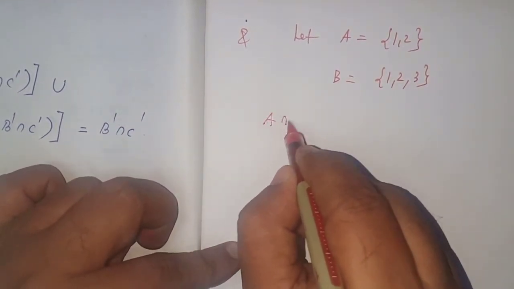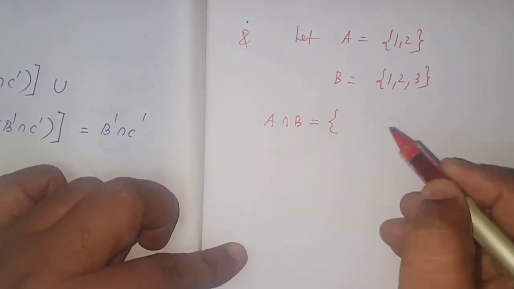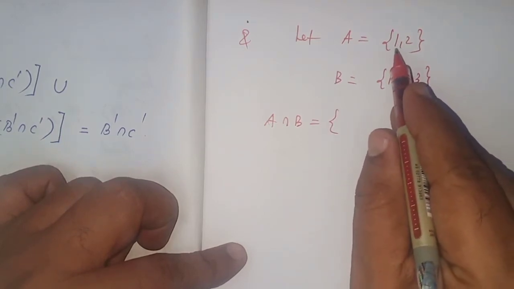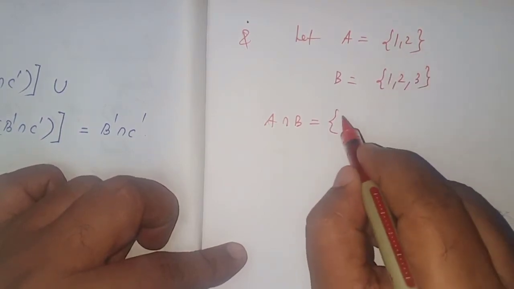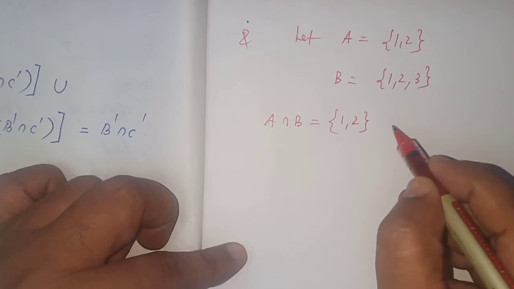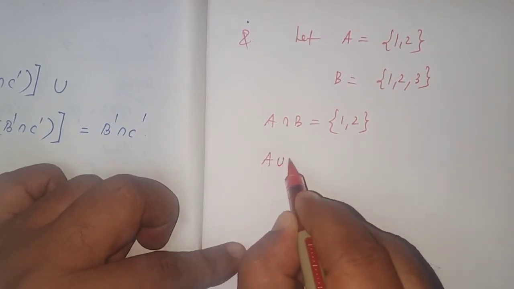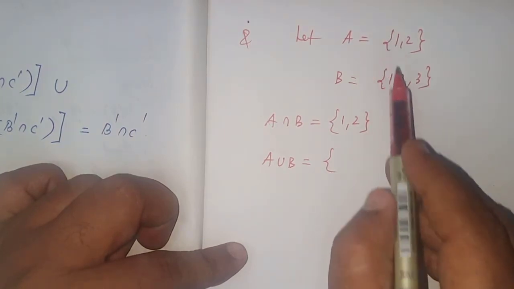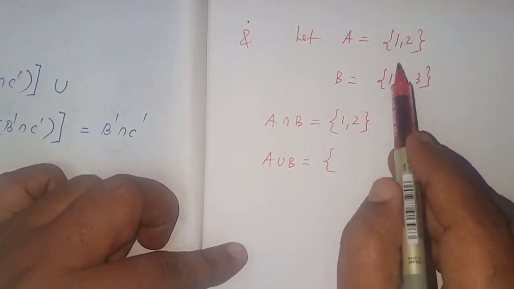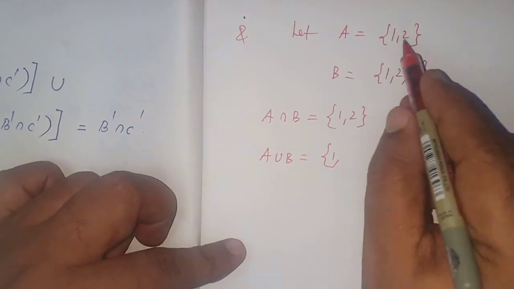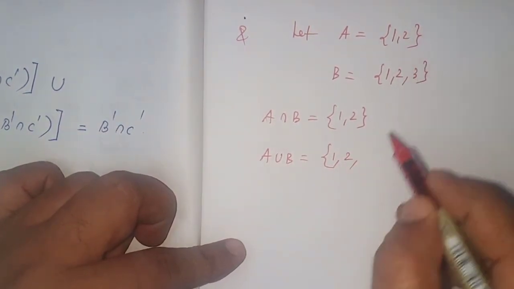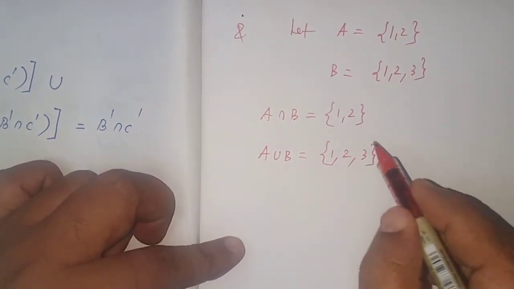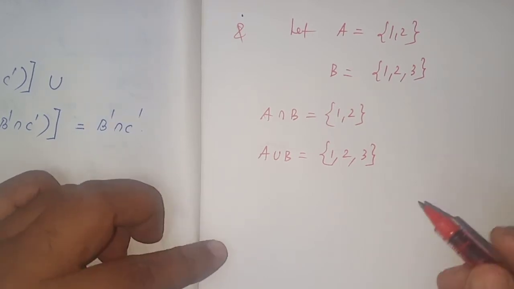Find A intersection B. A intersection B is equal to the common elements, 1 and 2 only. Correct? And A union B is equal to all the elements of A and B without repetition: 1, 2, and a single 3. So I have taken this example now.